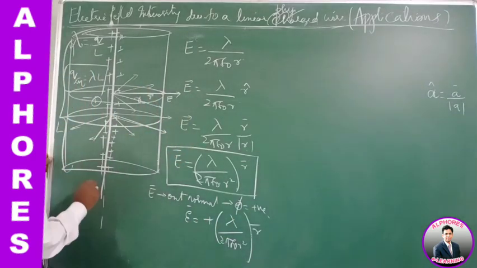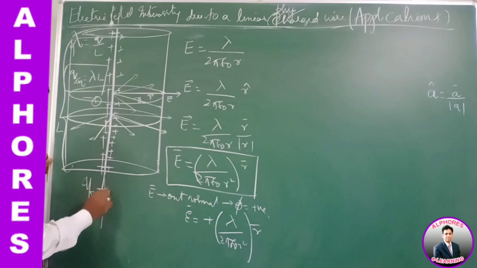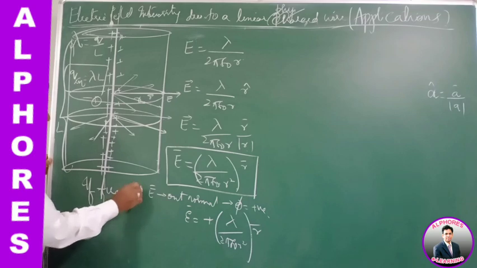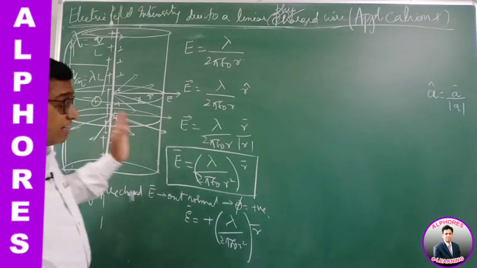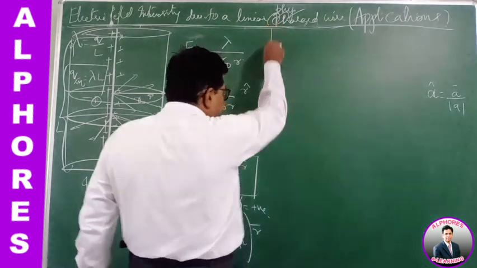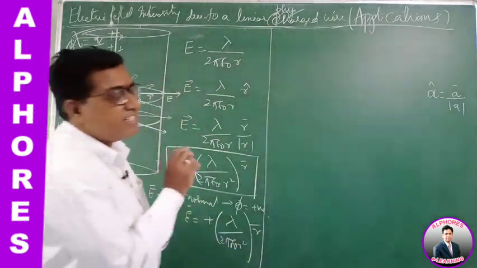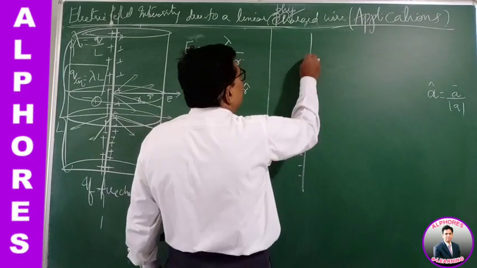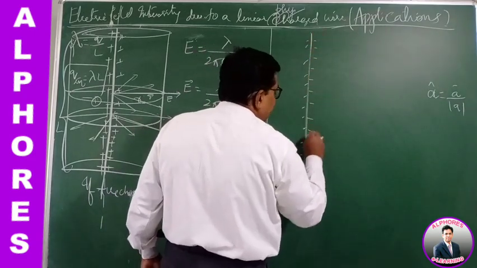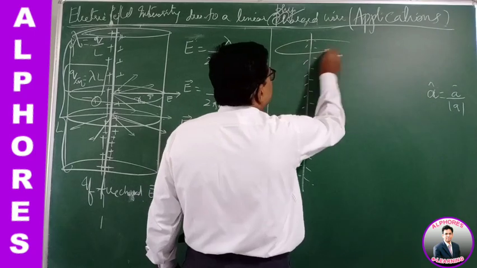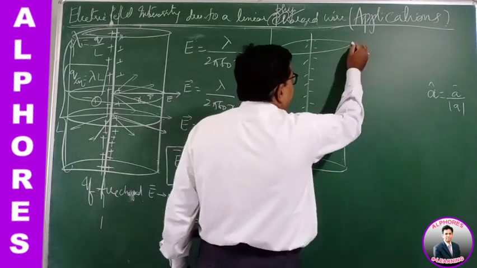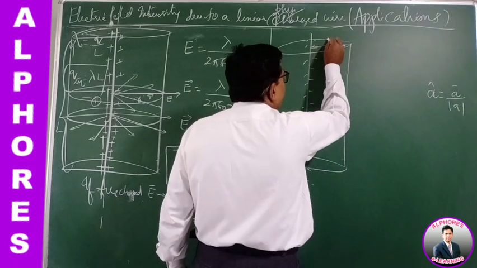So if the charged conductor is positively charged, then E bar is like this. Instead of this, if it is negatively charged, throughout like this, and if I imagine the Gaussian surface like this, then the direction of the electric field is towards the conductor.